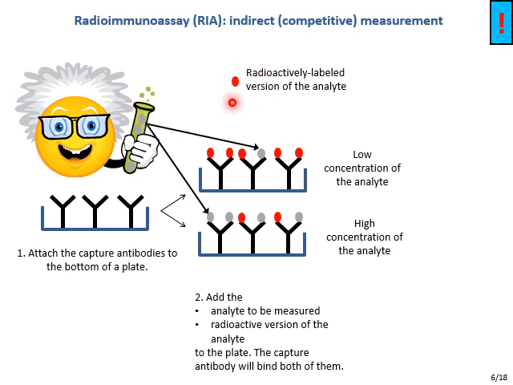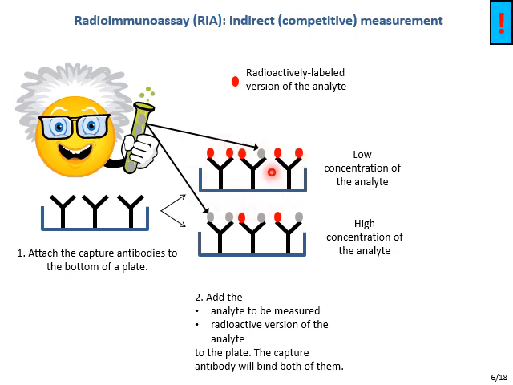So if our aim is to measure the concentration of human growth hormone, then we need the radioactively labeled version of human growth hormone, which can be purchased somewhere. And then two different cases are shown in the middle of the figure.